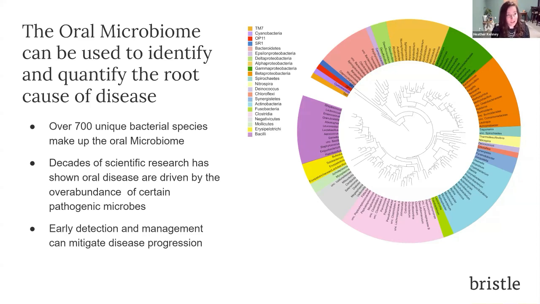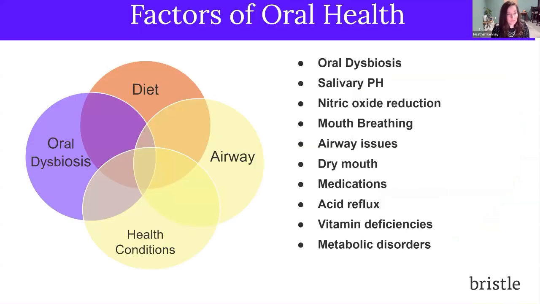However, in dentistry, we are often more reactionary and not really focusing on the microbes that are present. So if you're not understanding what you're treating, how can you be successful in your treatment process?